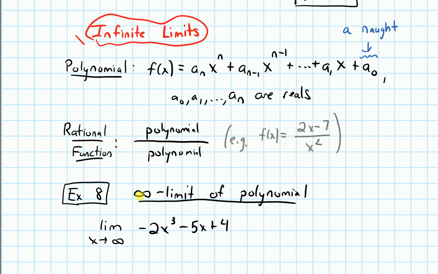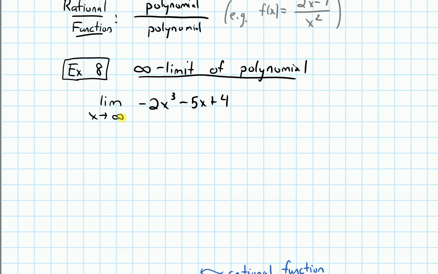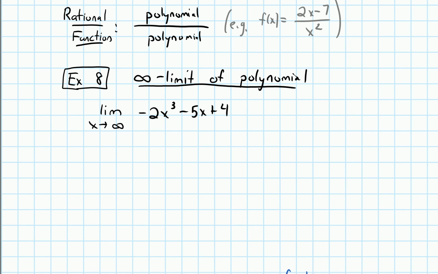First, we'll talk about how we take an infinite limit of a polynomial. I have this infinite limit, x approaching infinity of this polynomial. What we want to do first is factor out the highest power of x. So we get the limit as x approaches infinity, and the highest power of x is x cubed.